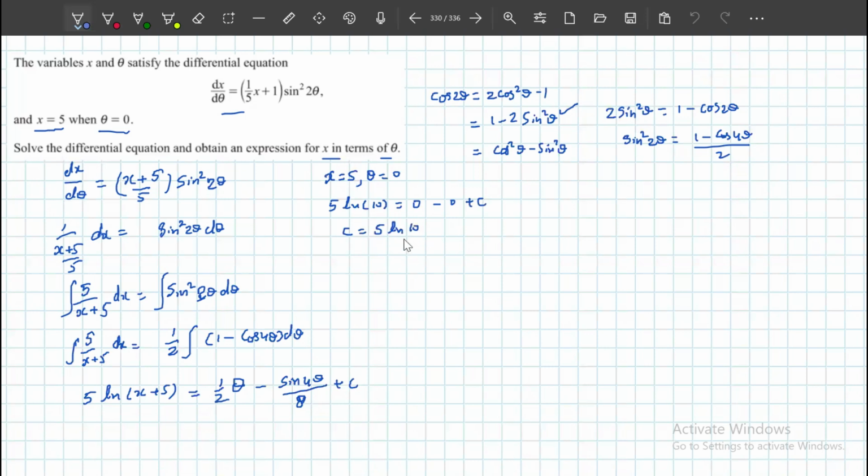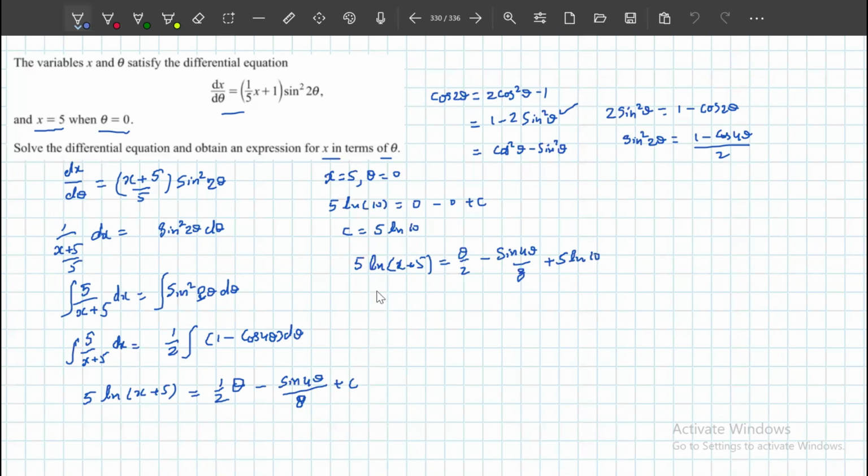So we will apply this value of c in the above equation. So it is 5 log of (x plus 5) is equal to theta over 2 minus sine 4 theta over 8 plus 5 log 10.